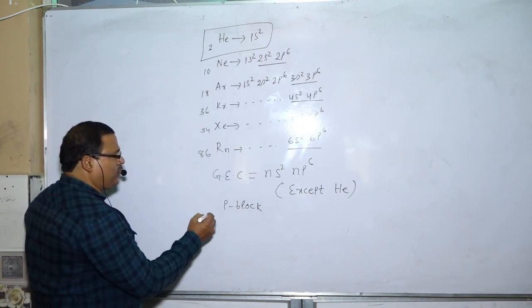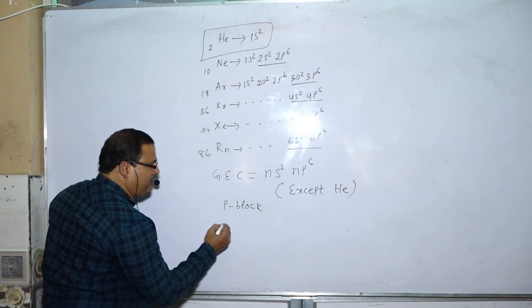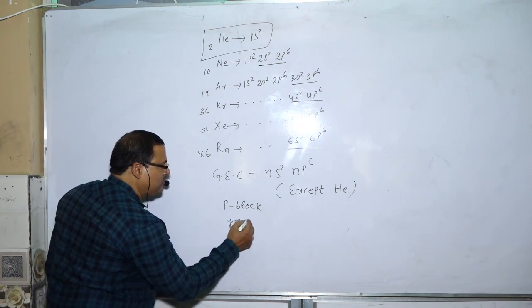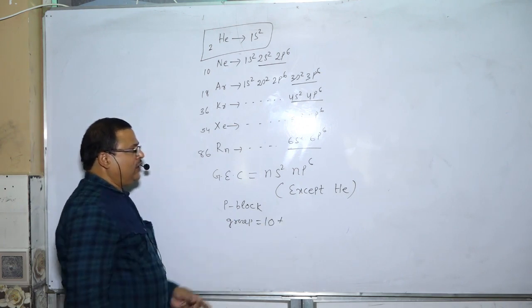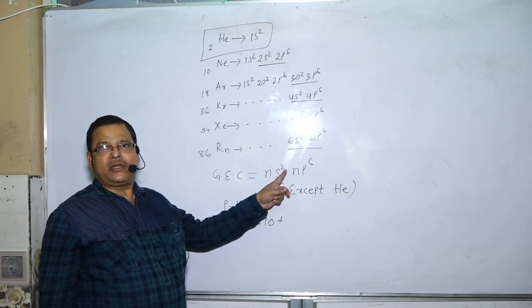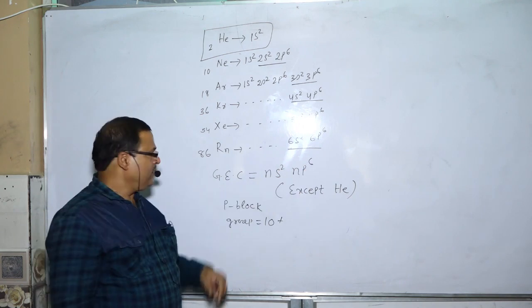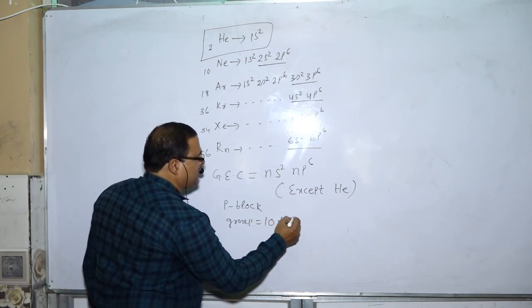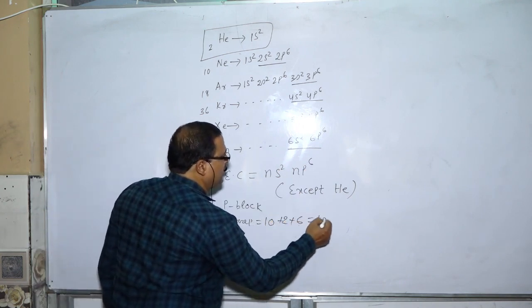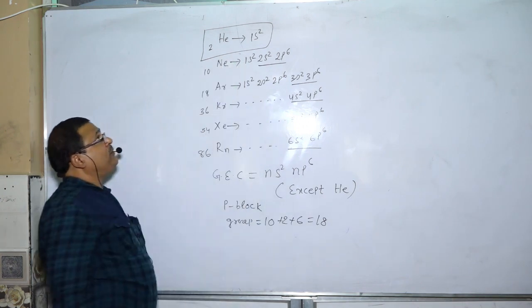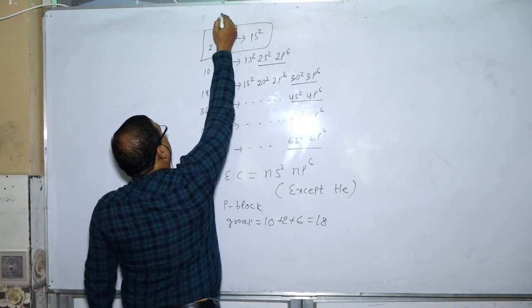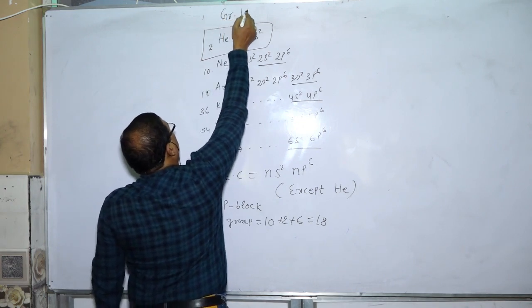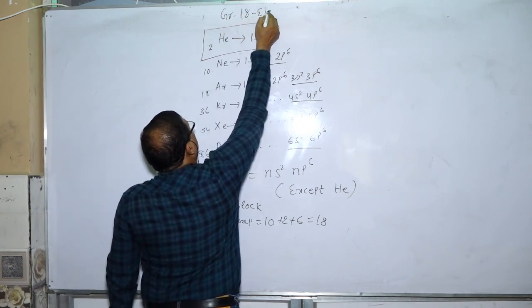The group number for a p block element group is equal to 10 plus the number of electrons present in the outer s and outer p. So 10 plus 2 plus 6, that is group 18. Therefore, this group of elements is known as group 18 elements.